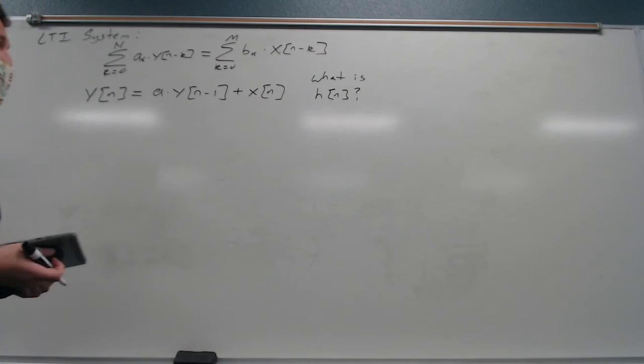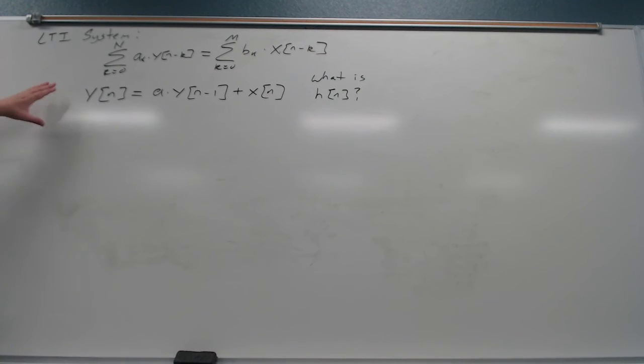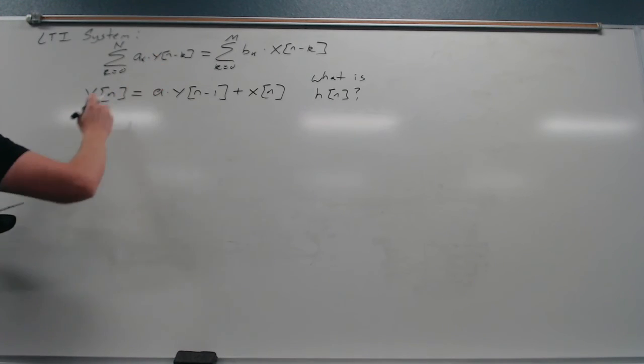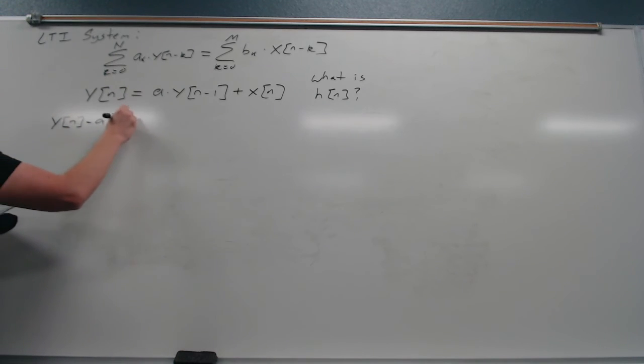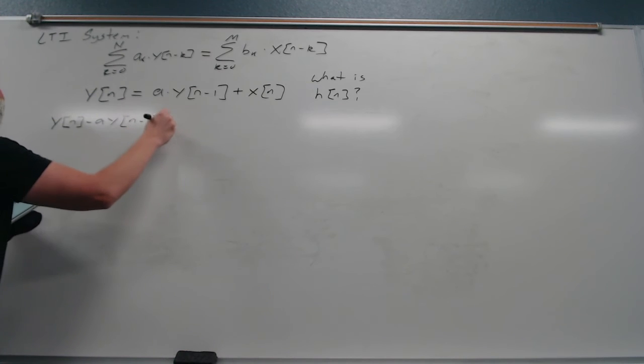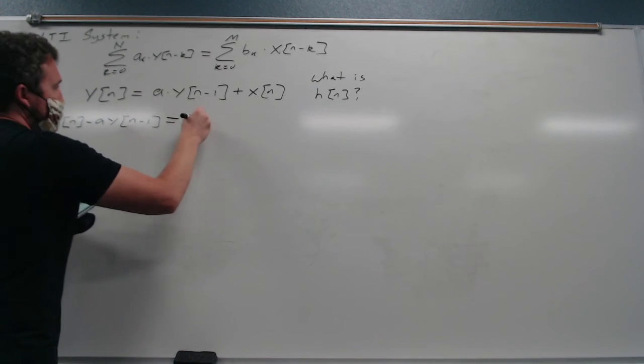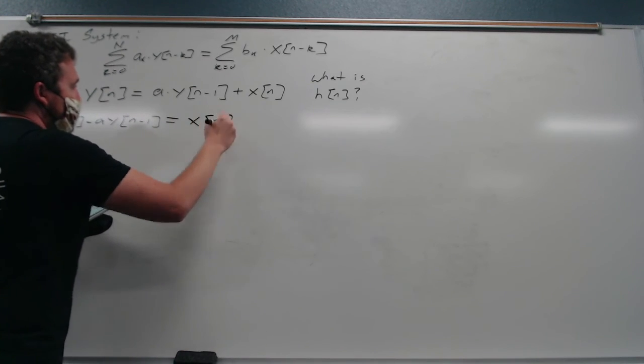What is the impulse response of the system represented by this difference equation? So that's what we're going to do. The first thing you have to do is rearrange it to get it into this form. So we'll say it's y of n minus a times y of n minus 1 equals x of n.